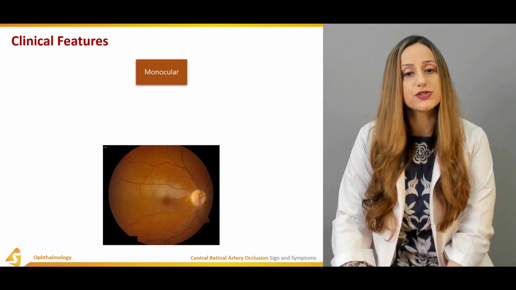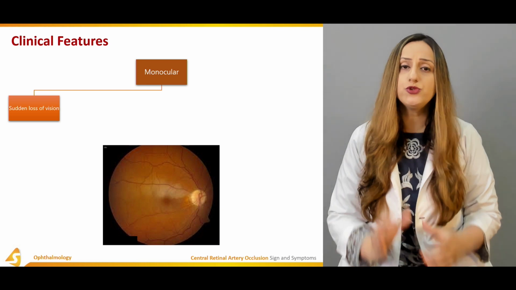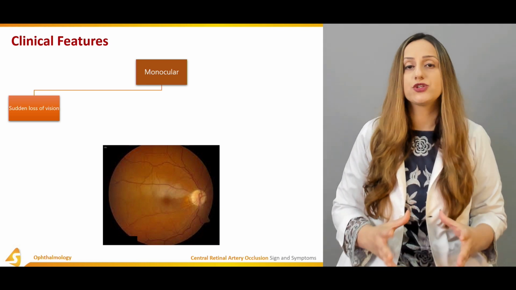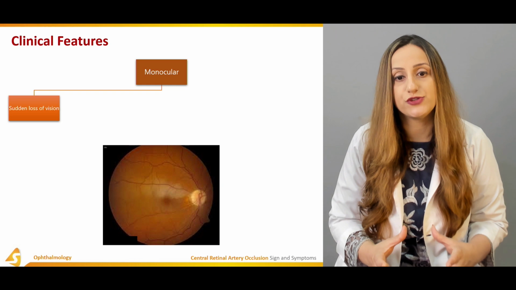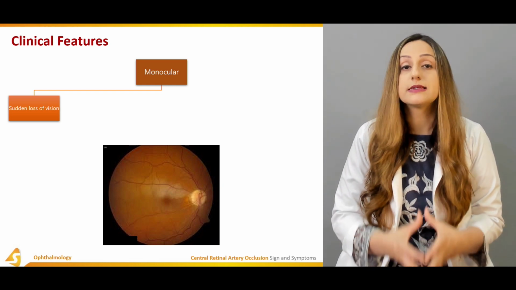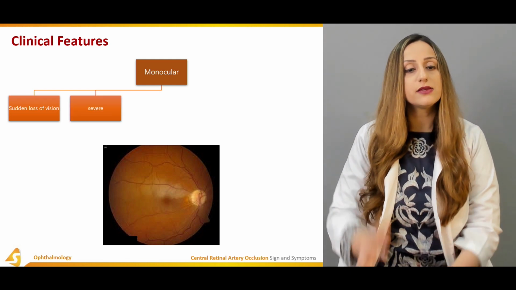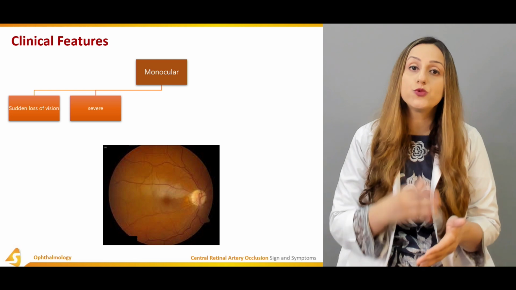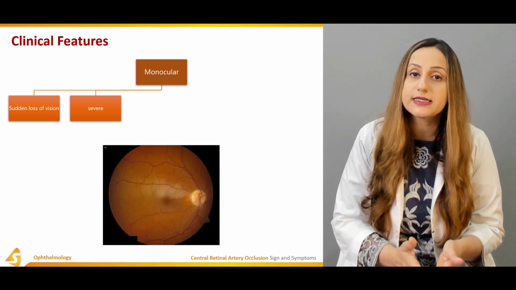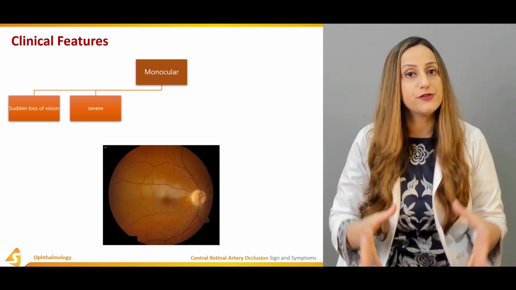The clinical features would range from monocular loss of vision. So usually the typical picture seen in central retinal artery occlusion is a unilateral loss of vision. There is a sudden loss of vision observed in these individuals, and then there is a severe visual field defect. Sometimes the peripheral along with the central visual fields are affected.